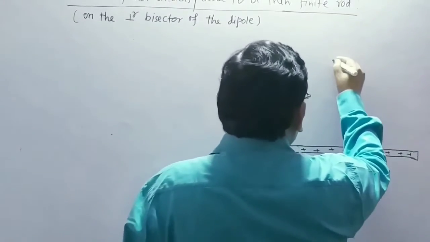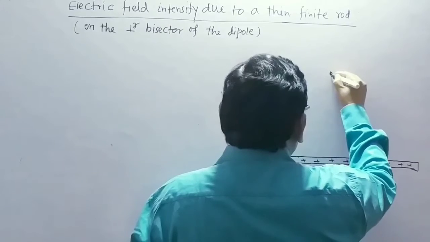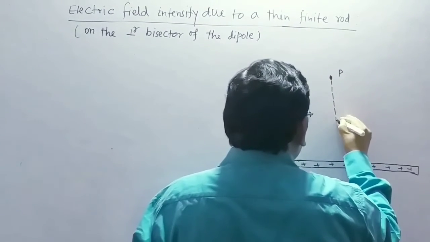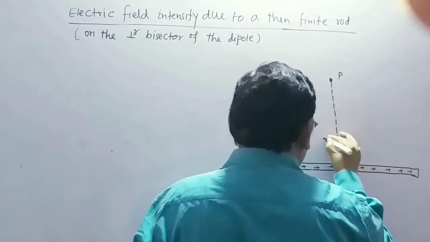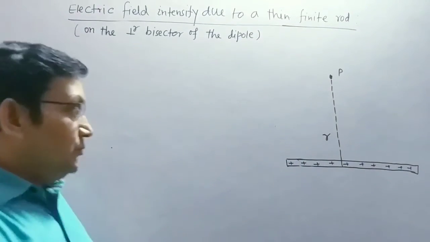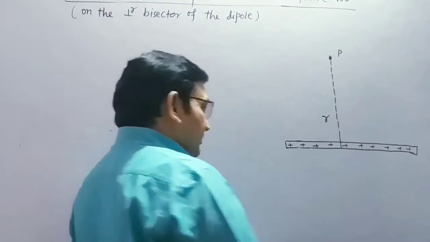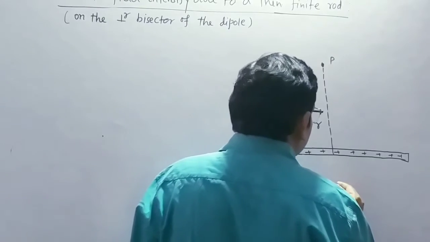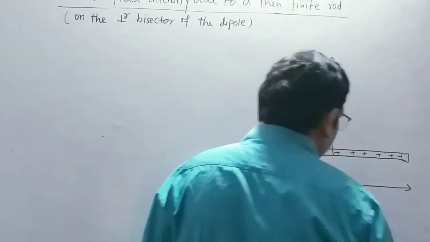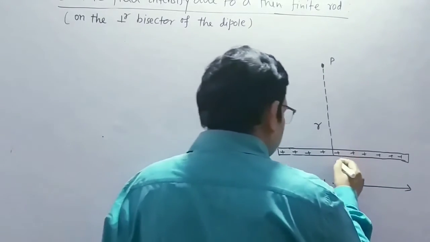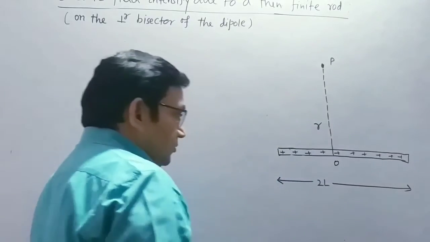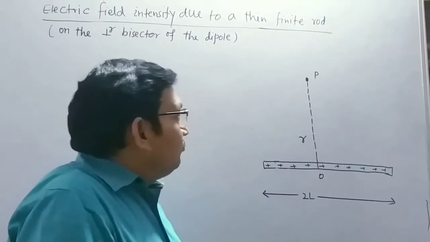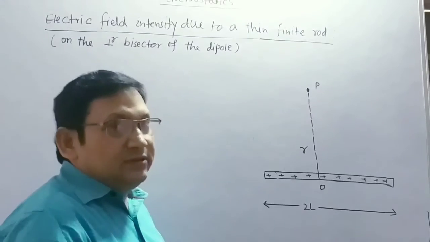We want to calculate the field at P at a perpendicular distance. It is like a dipole. For simplicity, take the entire length of the rod as 2L. One can also take L, no problem. This point is O. So the entire length of the rod is 2L, and we want to calculate the field at P.